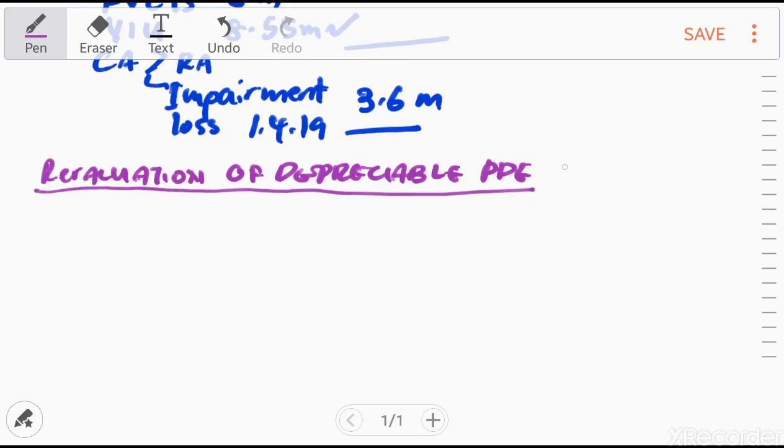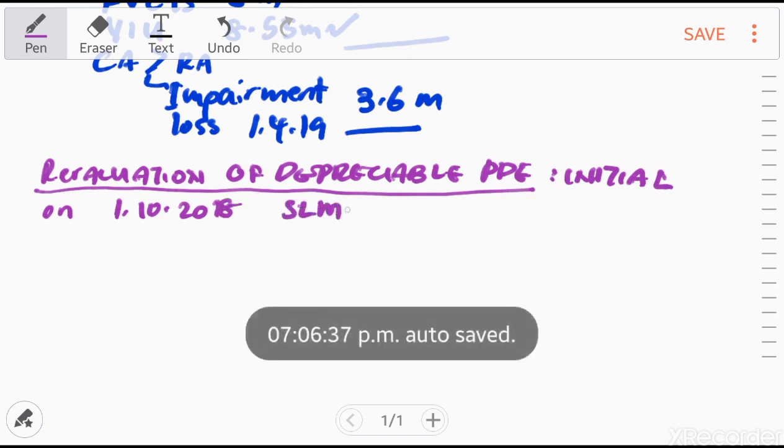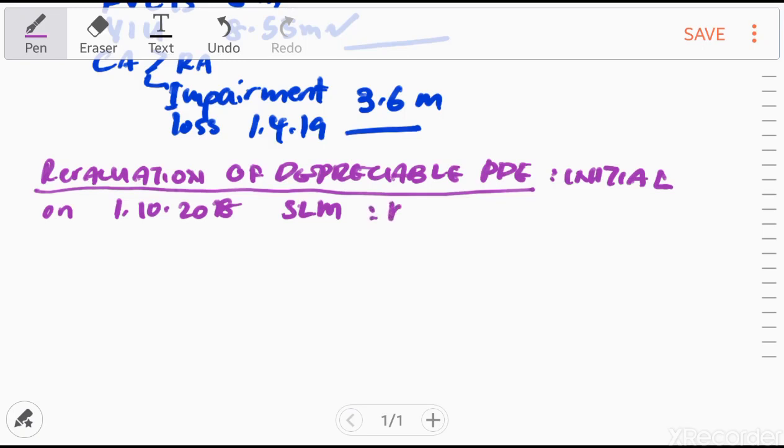That revaluation happens only as an initial revaluation. I put here initial revaluation, and that happened on 1st of October 2018, and again it is using the straight line method, and the basis is monthly.